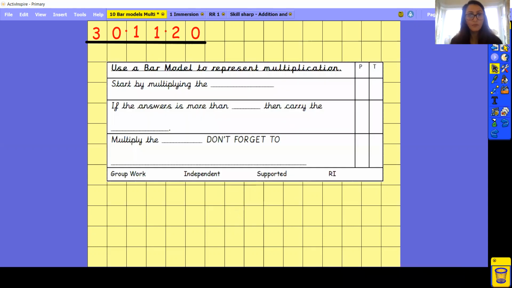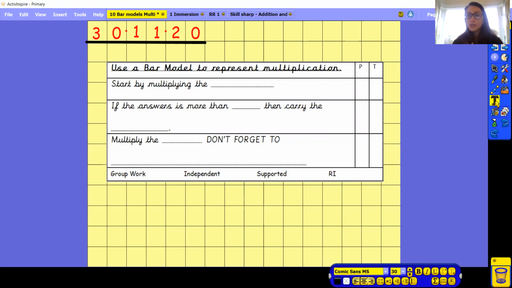So moving on with our learning today, we are going to use a bar model to represent multiplication. Okay, we have done bar models before with our addition and subtraction, and now we're going to be moving on to our multiplication. So same sort of stuff though. Start by multiplying the ones. If the answer is more than 9, then carry the 10.